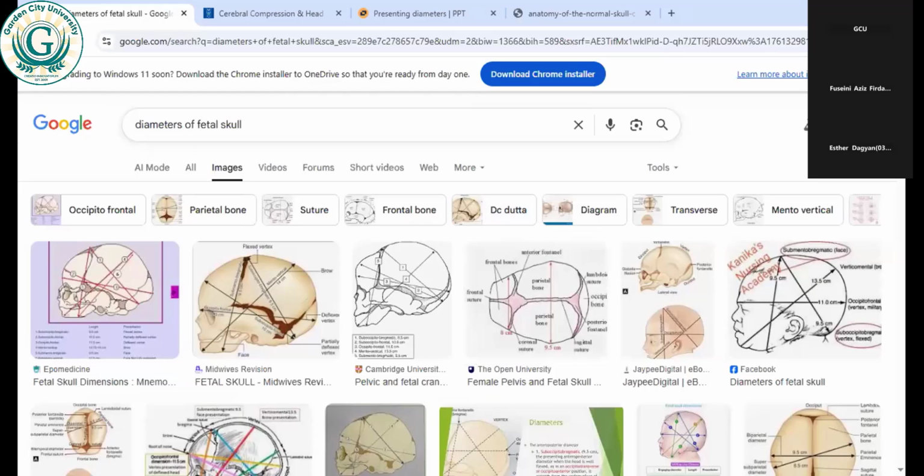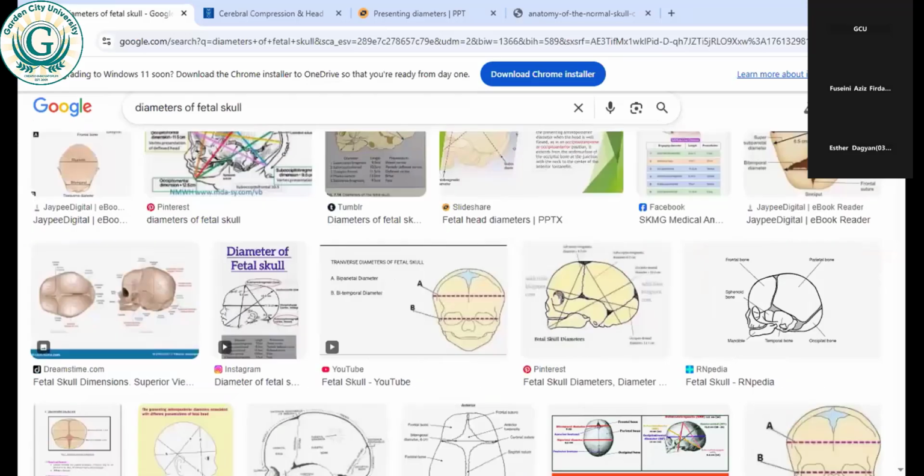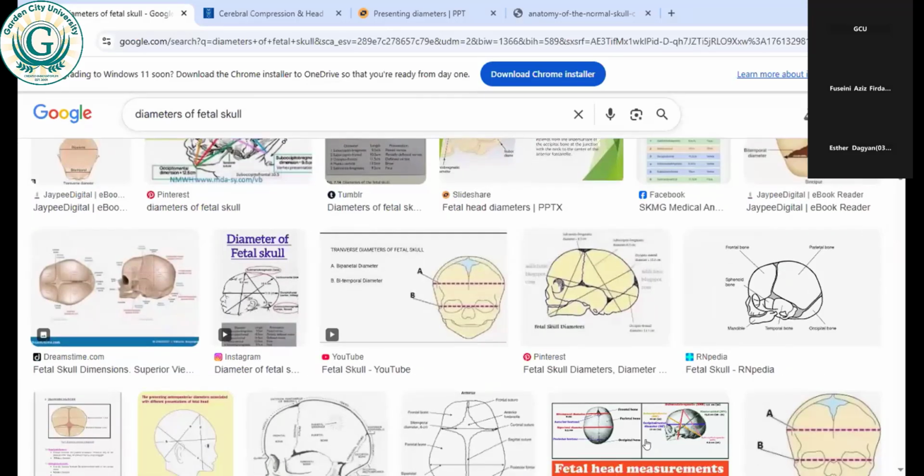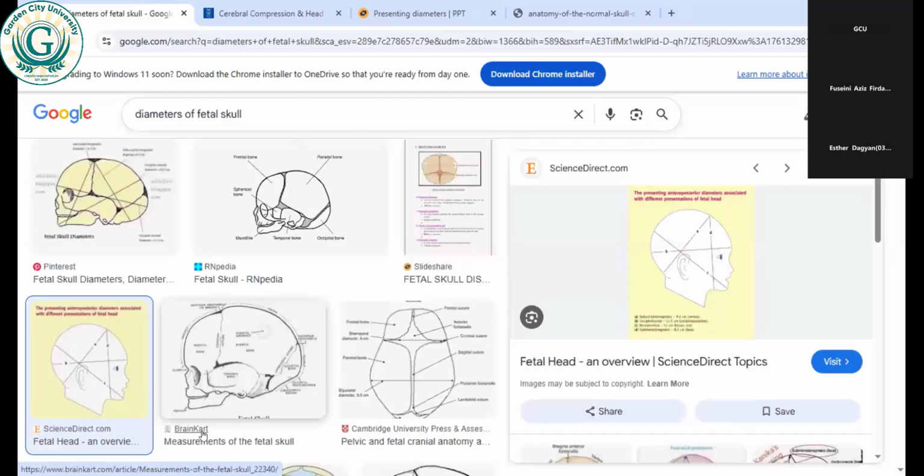Yes, sister. So when you're talking about the presentation, we always talk about the diameters that would influence the dilatation of the cervix, and the one that would also pass through the vaginal orifice.